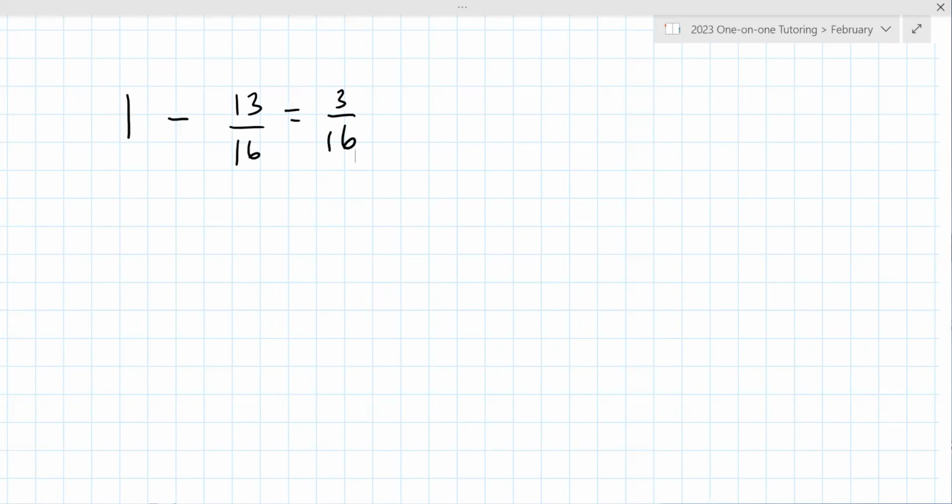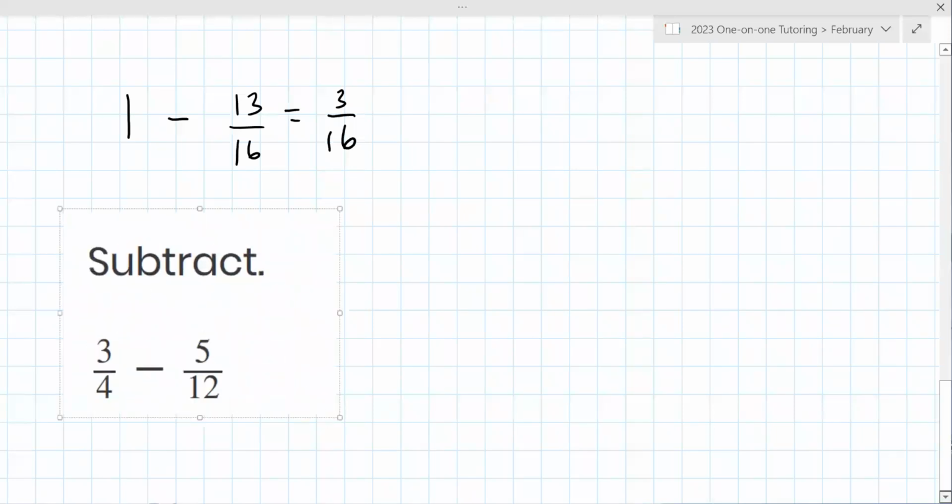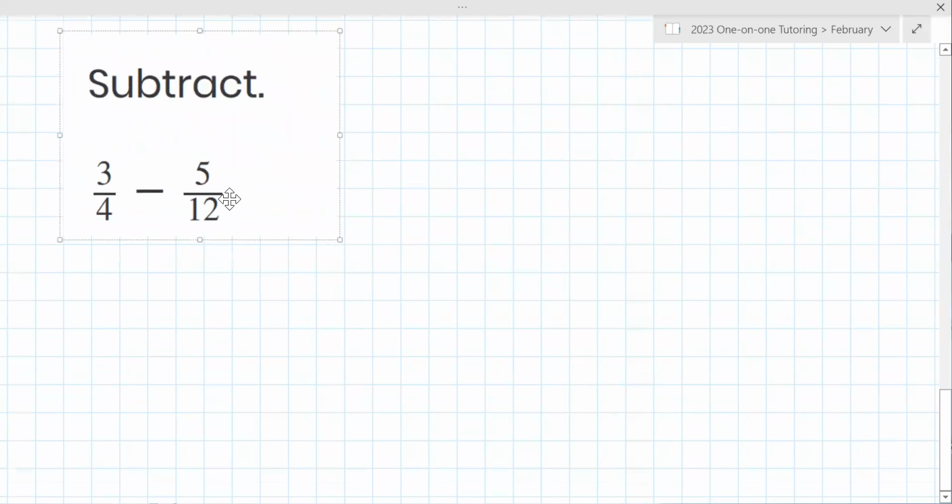So let me grab a snip of this. Okay, so here, just like in the previous problem, the bottoms are not the same. So can you turn the 4 into a 12? Yes.